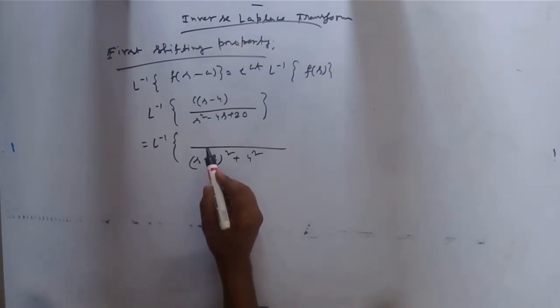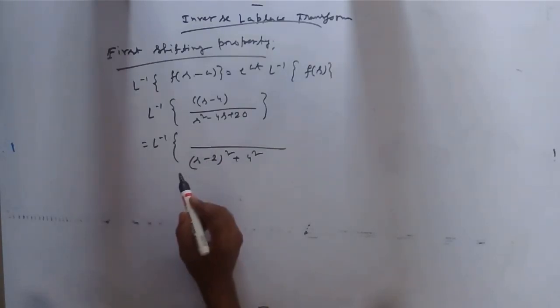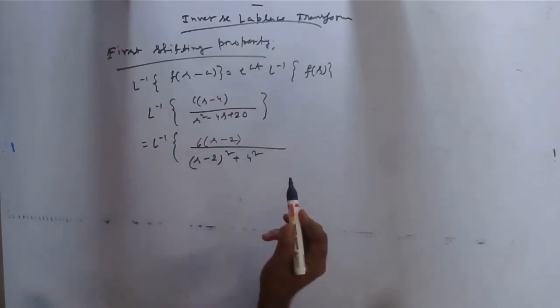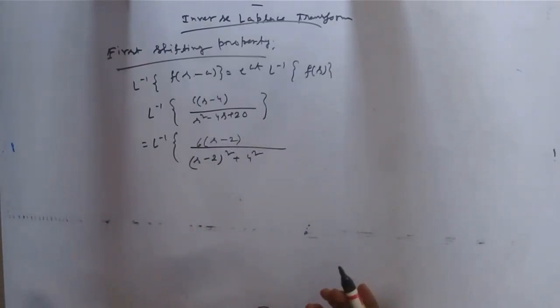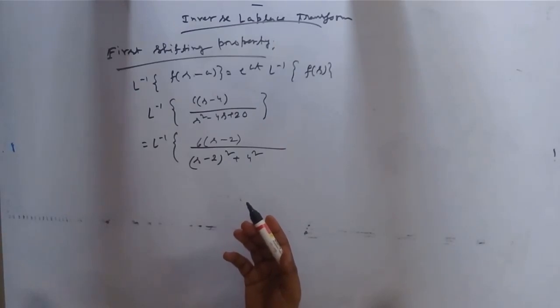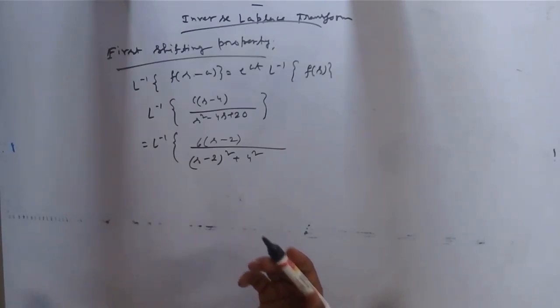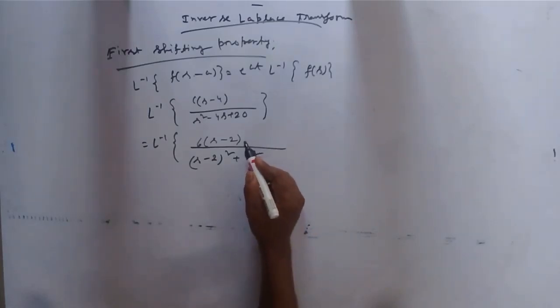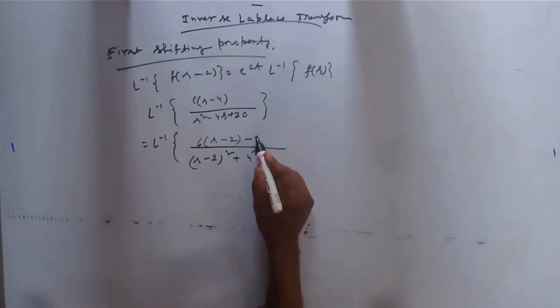And the numerator can be written as 6 into (s minus 2), and so we have to add minus 12.